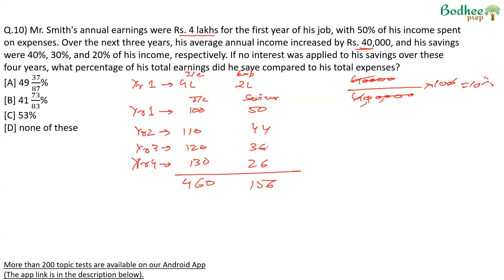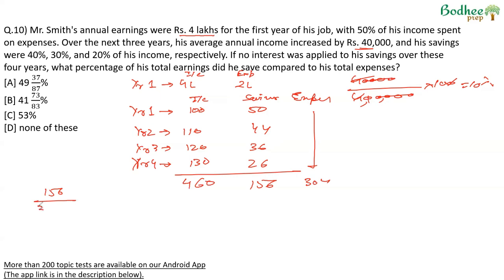Total earning to his total expenses. Oh, sorry, we are looking at expenses, not savings. So expenses will be 460 minus 156, which will come out to 304. What percentage of total earnings did he save compared to his total expenses? Saving to expenses is to be found out.